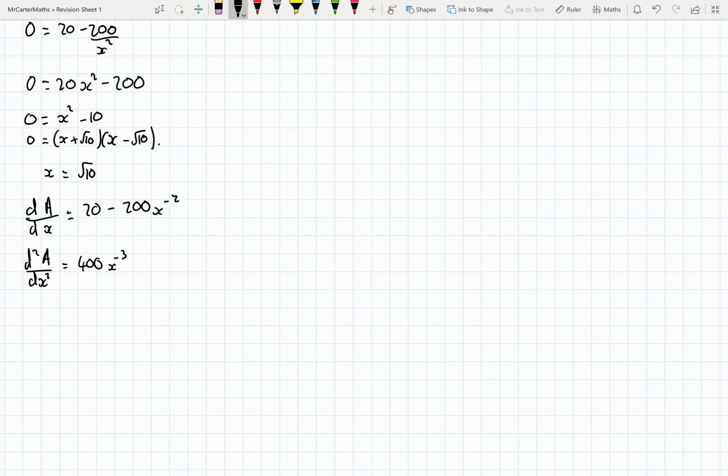I only really want to know if this is greater than 0 or less than 0. If it's greater than 0, it would show that it's a minimum point.